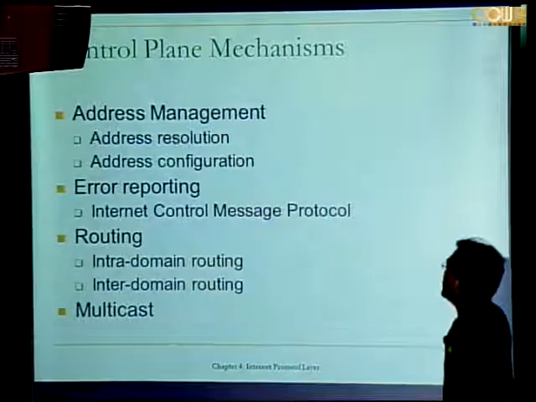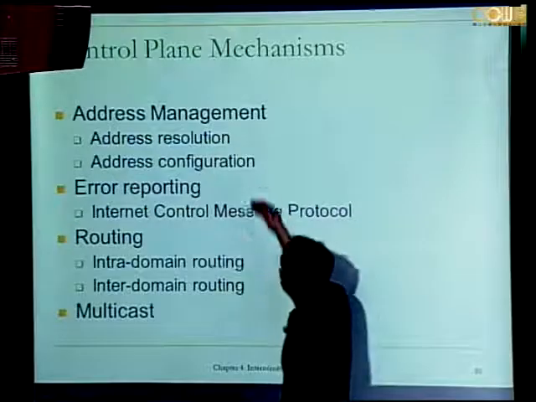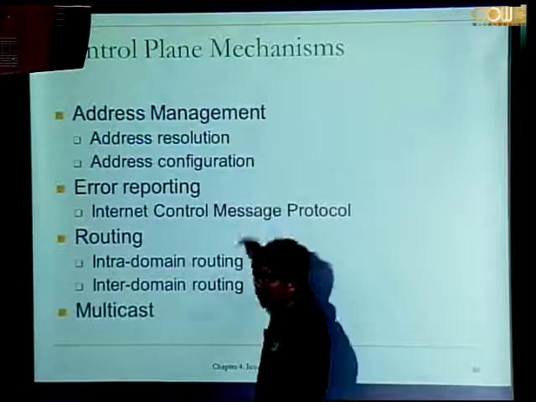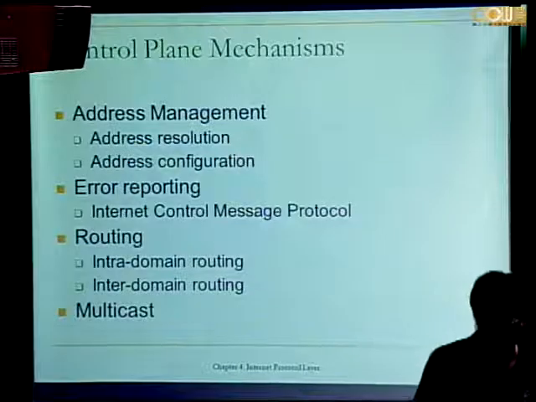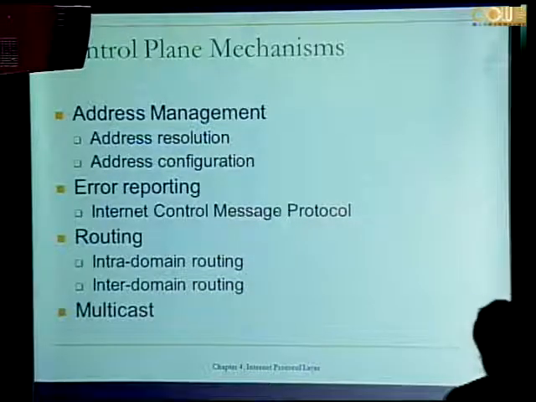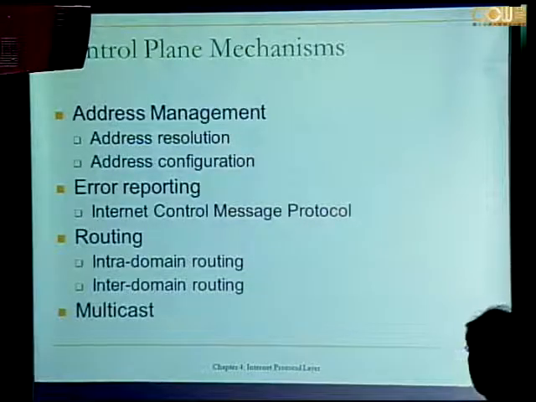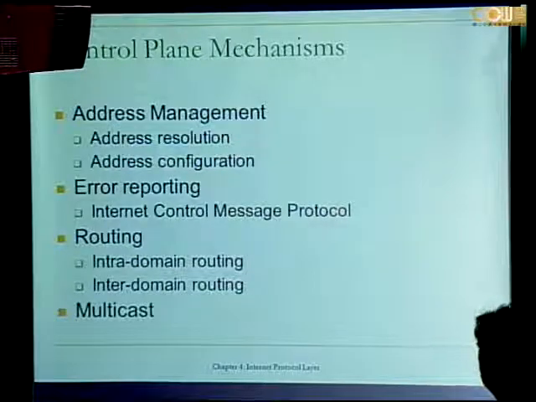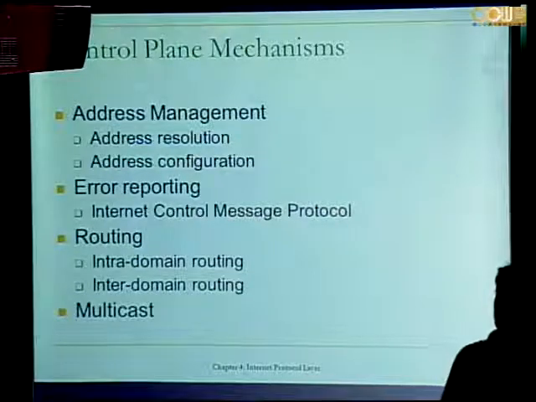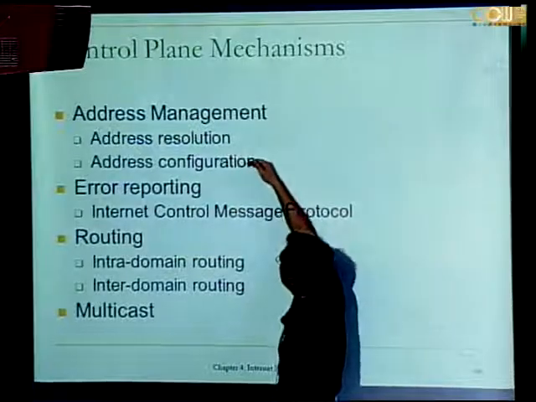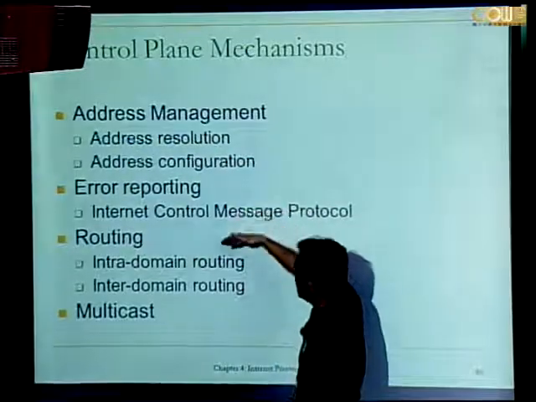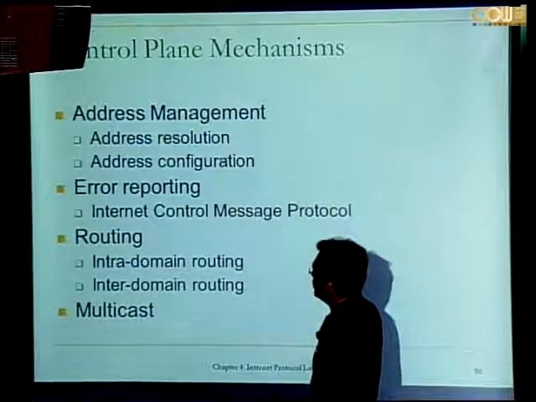Okay, the address configuration is actually implemented as a daemon. So you will see dhcpd, which is a daemon for DHCP. So ARP and ICMP are in the kernel, and DHCP is in the daemon.